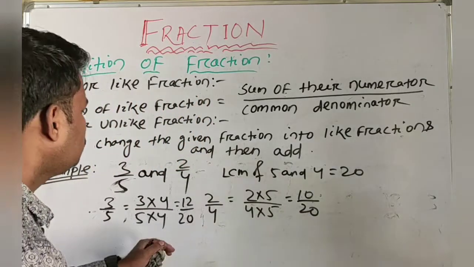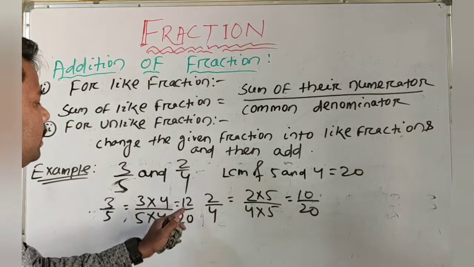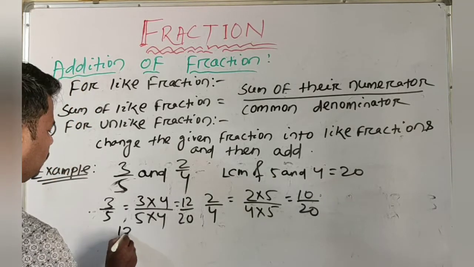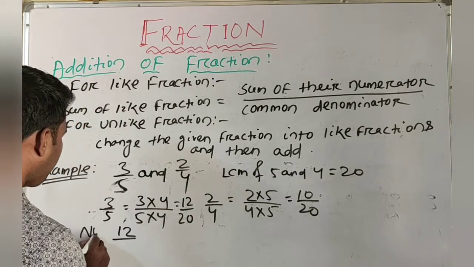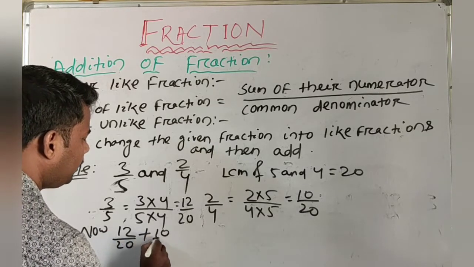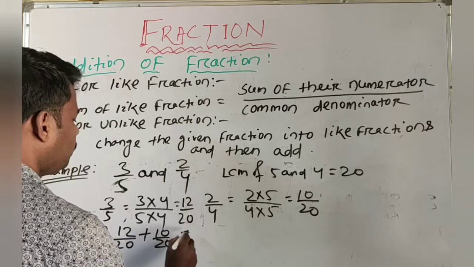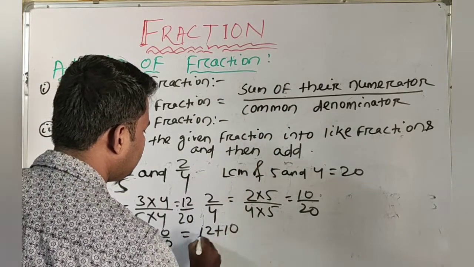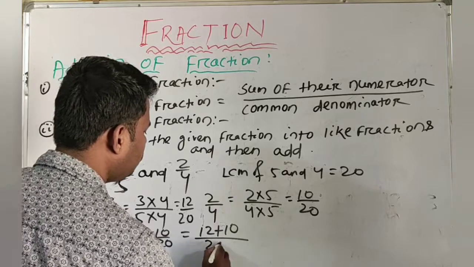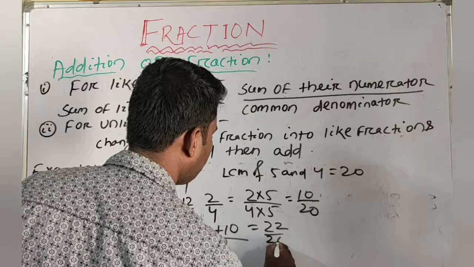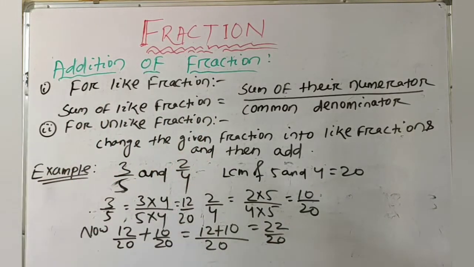So here we got the same denominator, 12 by 20 and 10 by 20. So we can add 12 by 20 plus 10 by 20. Sum of their numerators 12 plus 10 divided by the denominator 20 is equal to 22 by 20.